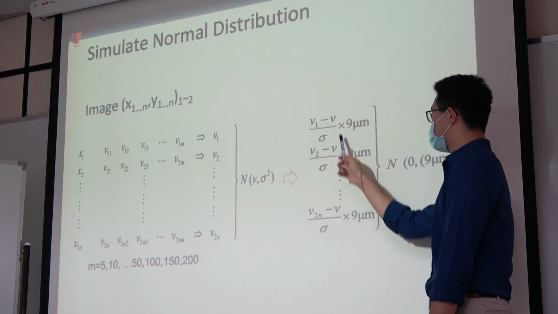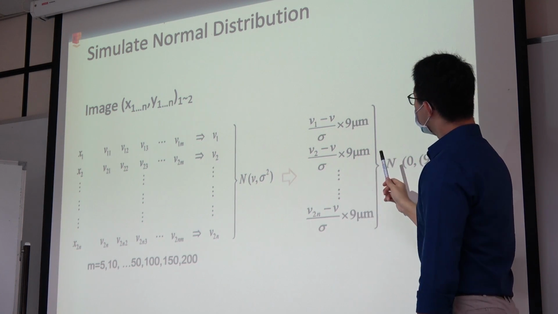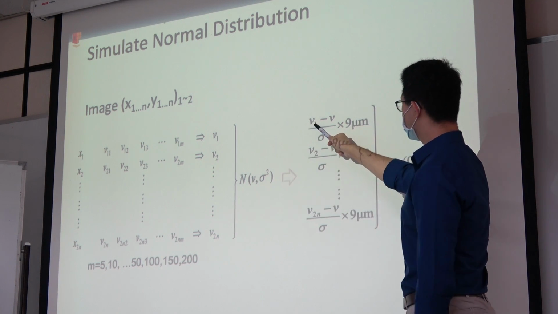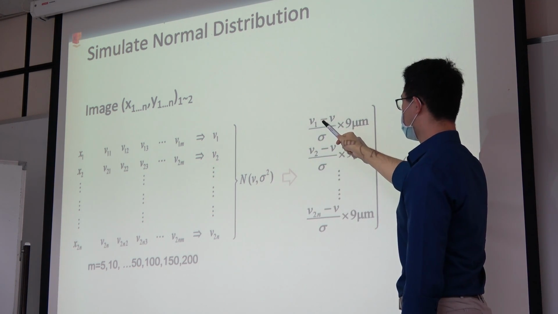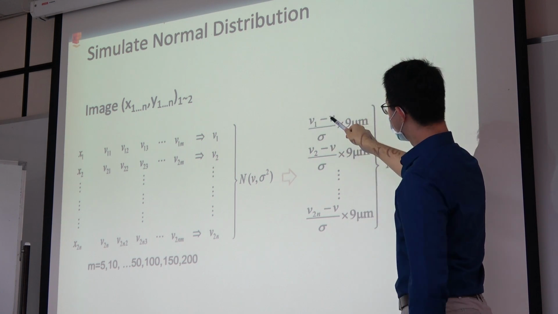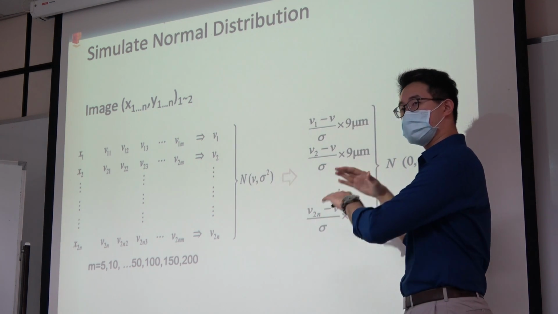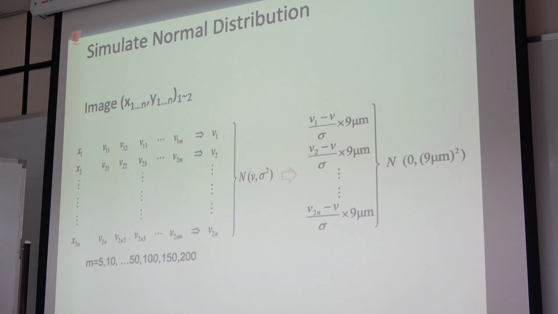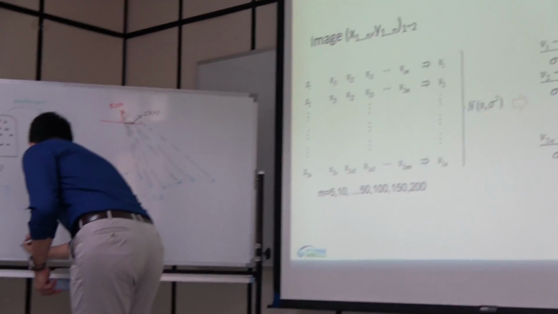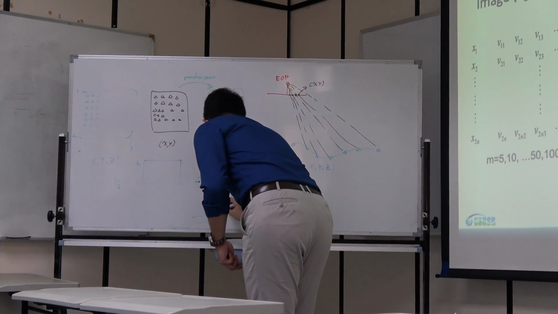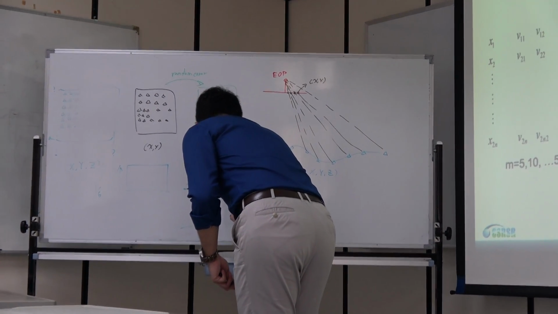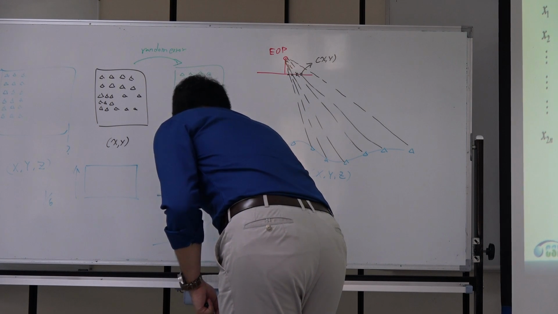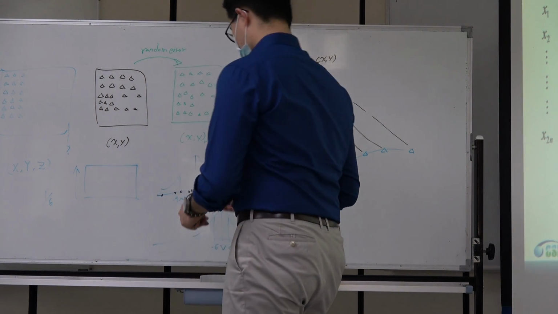The way to do it is over here. For each of the values v1 to v2n, we are going to deduct the mean value. It's like a shift.